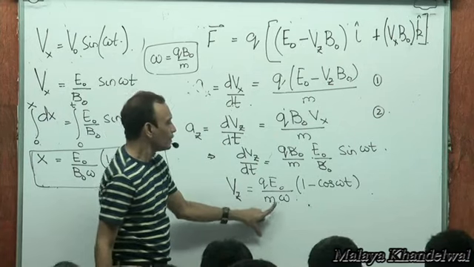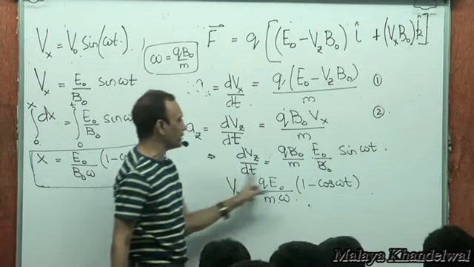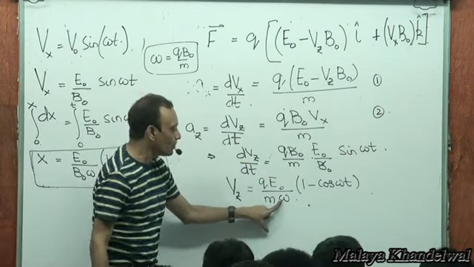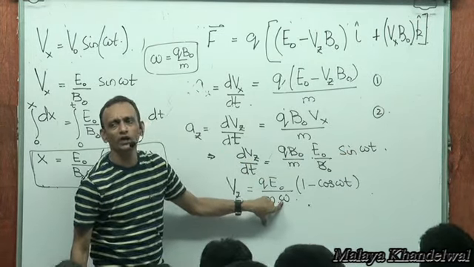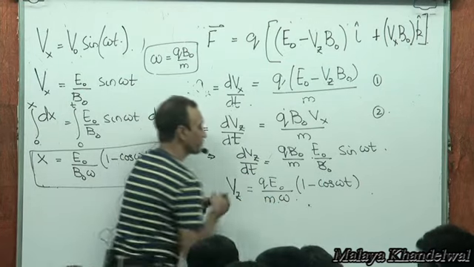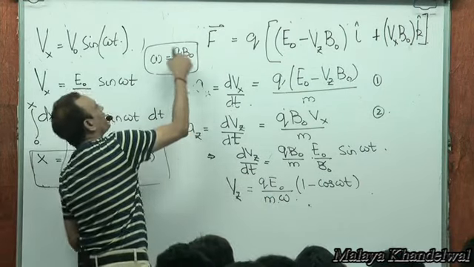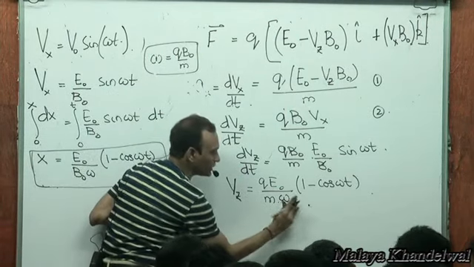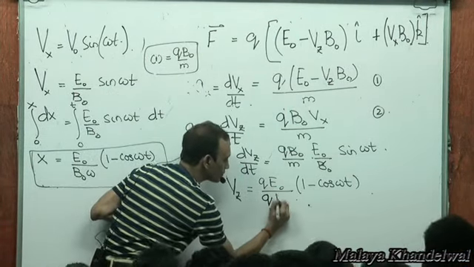Right? I hope I don't have to carry out detailed working of this. You followed this. Omega I can write as QB0 by m. So essentially m omega is QB0. So this m omega I write as QB0.